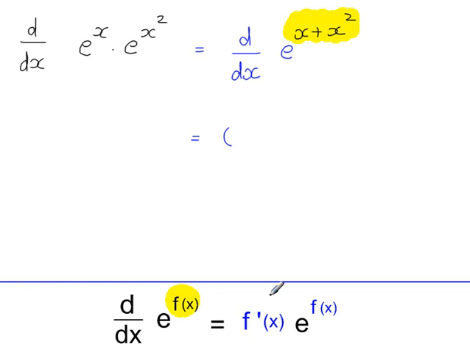So differentiating gives us 1 plus 2x times the original function, times e to the power of x plus x squared.